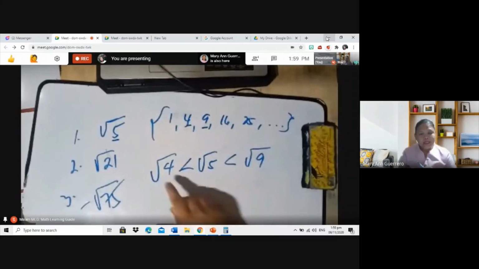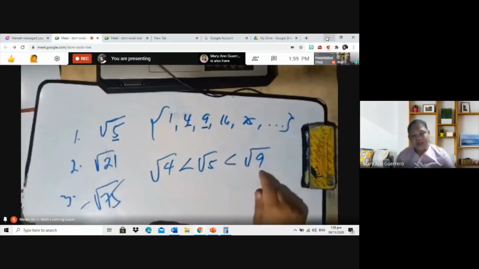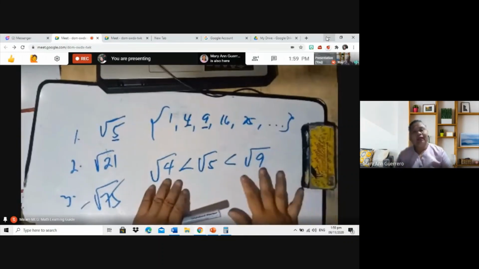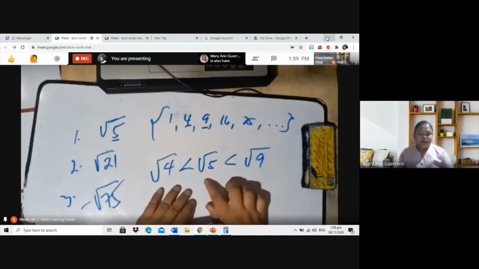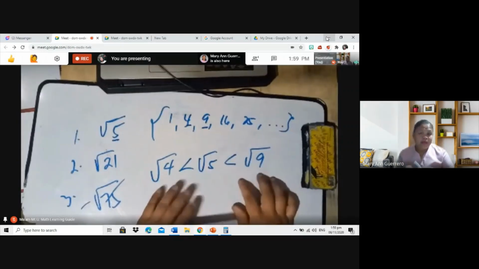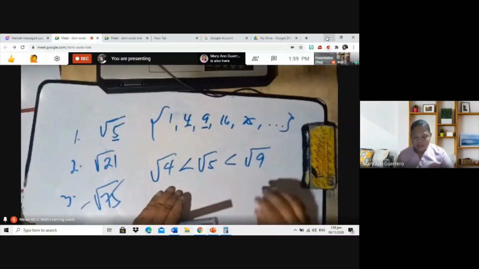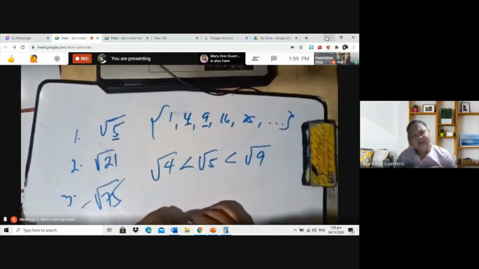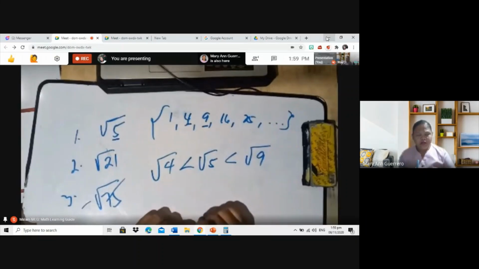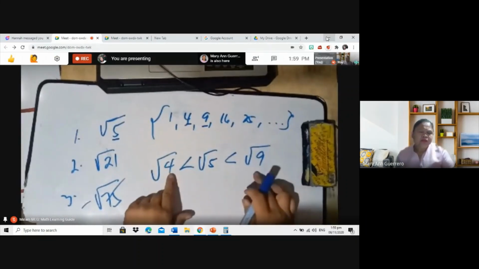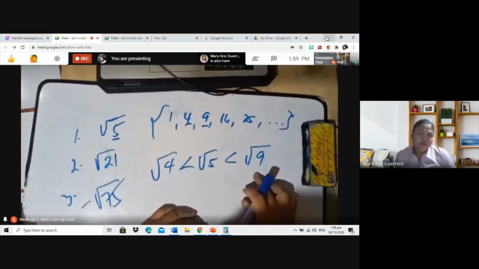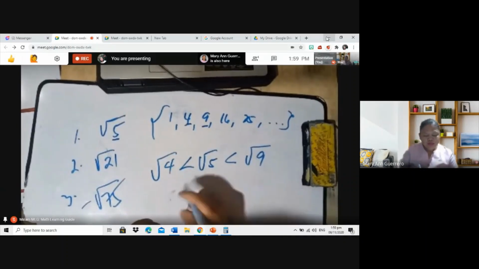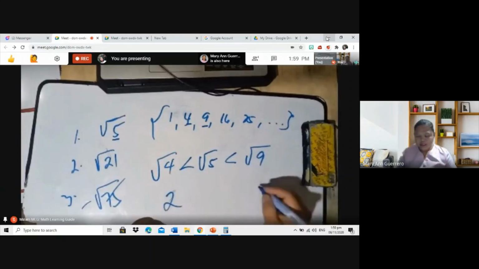So, yung mas maliit sa kanya na perfect square at saka yung mas malaki sa kanya na perfect square, yung pinakamalapit na mas maliit at mas malaki. Okay. So, this is not yet the final answer kasi sabi nyo doon, consecutive integers. Okay? Pag ang sagot nyo ay 4 and 9, eh hindi naman yan consecutive. Pero, pag kinuha natin yung square root niyan, ito ay 2 at ito ay 3. Yan.